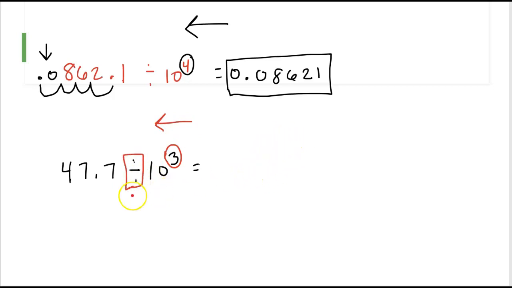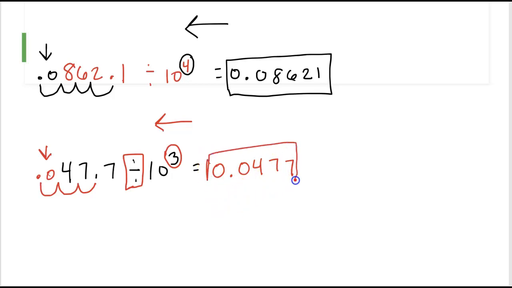All right, so I've got my decimal here. I'm going to move it 3 places to the left. 1, 2, 3. Mr. Walker, there's no more numbers. That's okay. Fill that hole with a 0. So now my quotient is 0.0477. And that is my quotient, or my answer.